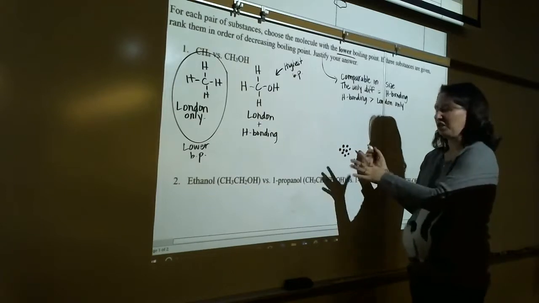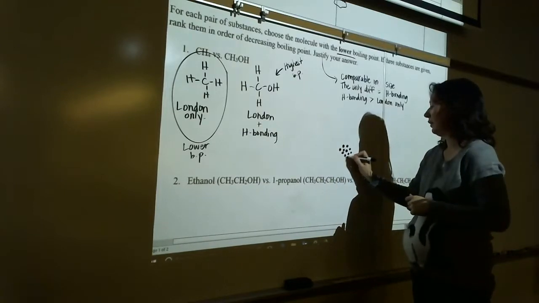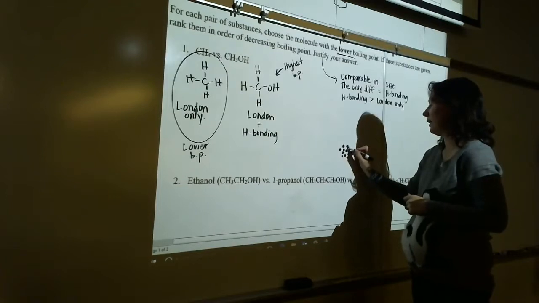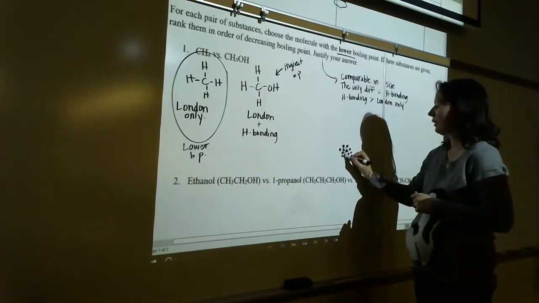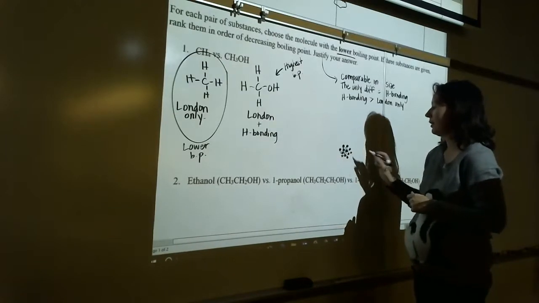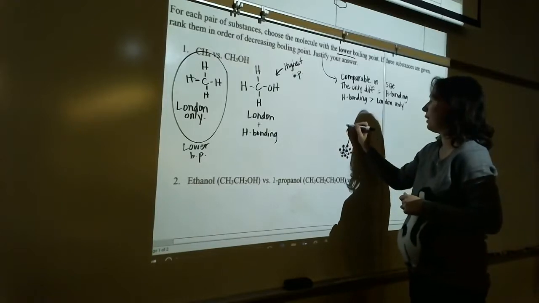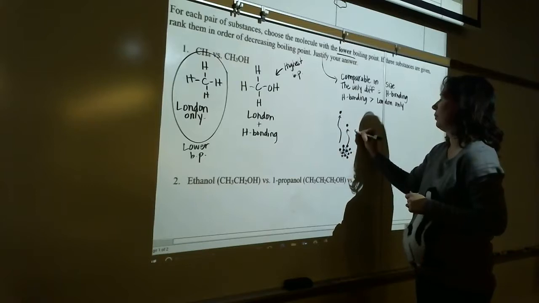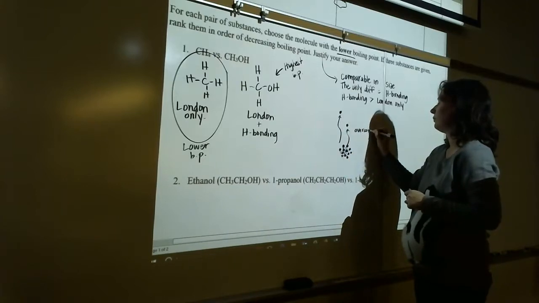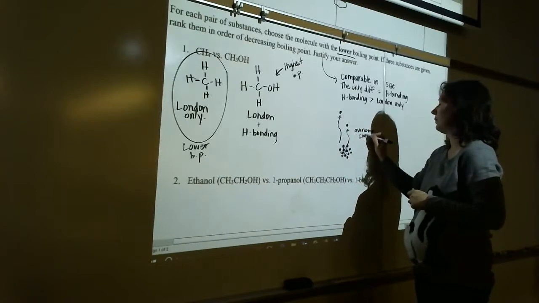Taking a liquid, particles in the liquid phase are close together. Now I wouldn't expect you to draw this on the test, right? Particles in a liquid, they're feeling all these IMFs towards each other. We represent IMFs with dashed lines. To boil it, to vaporize it, you have to overcome your IMFs.